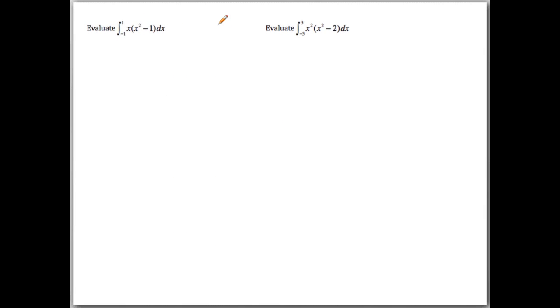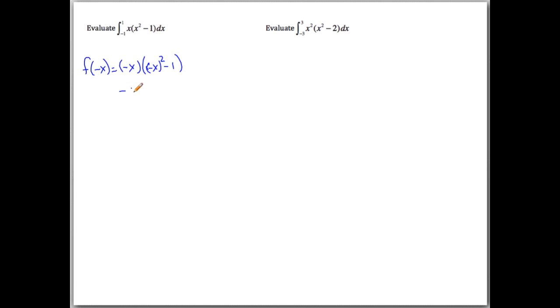Alright, we'll just try a couple more examples here, just using x's. So here, notice the negative 1 to 1. So we need to determine, is this odd or even? So we're going to plug negative x into our function. So we have negative x times negative x squared minus 1.